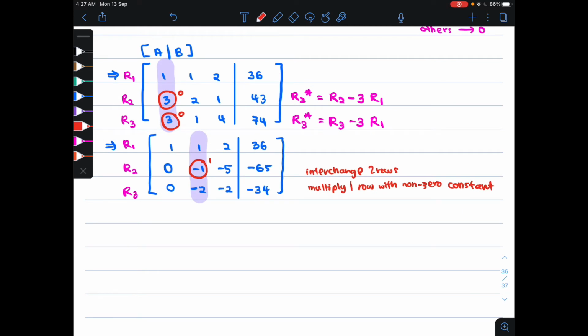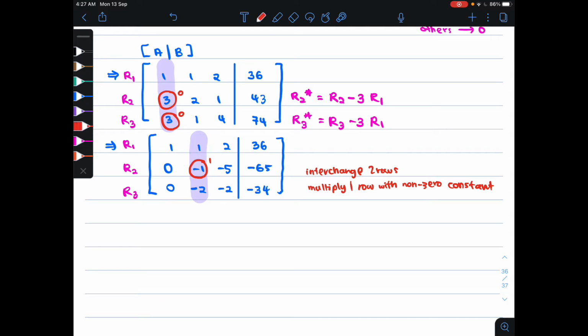Let's try and see if we can interchange two rows. This operation can only be done if you look at that column and you can see another row with number 1. So, kalau kamu perasan pada row yang pertama ada nombor 1 kan?